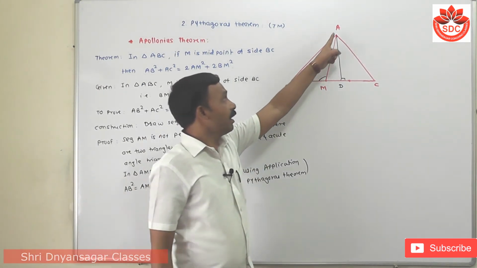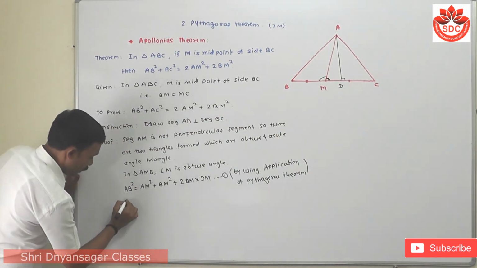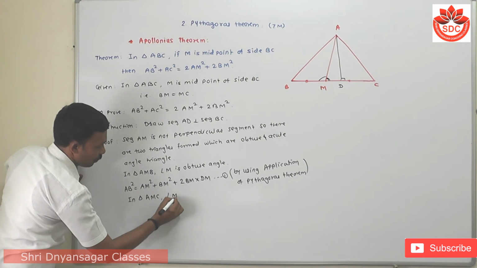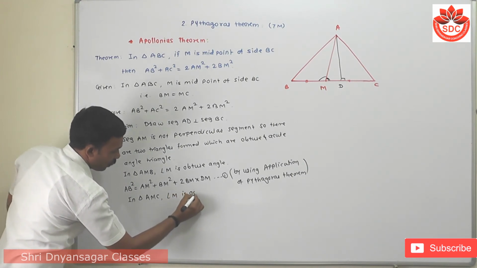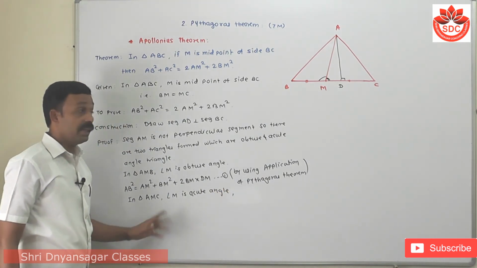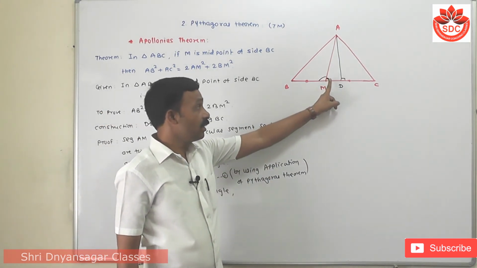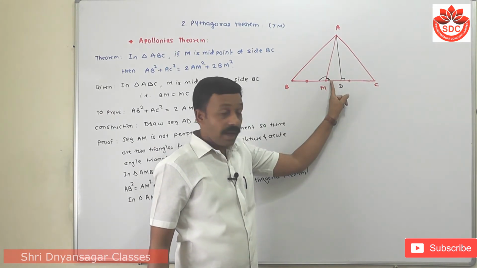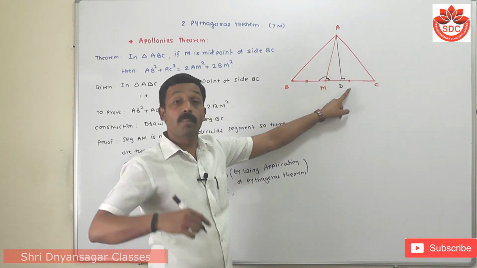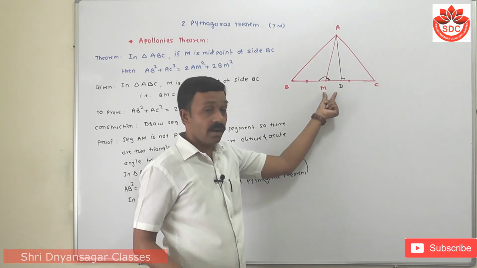Similarly, for triangle AMC, angle M is acute angle. If it is an acute angle, then again by using the application of Pythagoras theorem, the side opposite to the acute angle, AC square, is equal to the sum of the two remaining sides square minus, for acute angle the sign is minus, the third side and this part of the perpendicular segment.